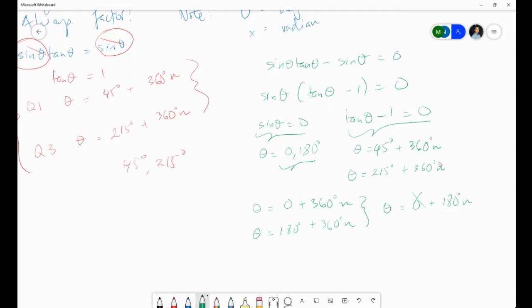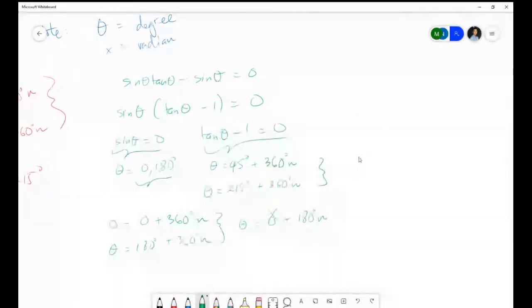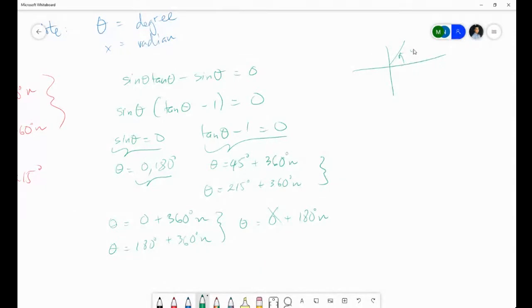Now, we can actually do the same thing with tangent here. So you're going to see the first quadrant, we have 45 degrees here. The third quadrant is 215 degrees here, but the difference between these two is 180 degrees. So I can combine both of these.